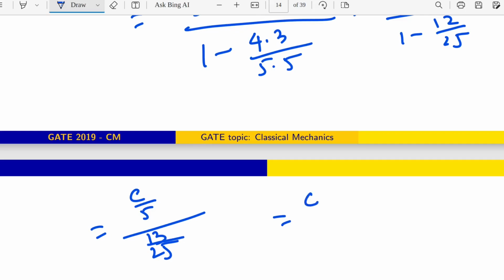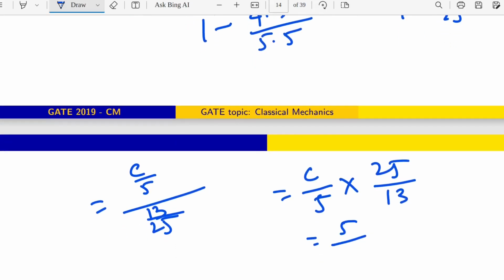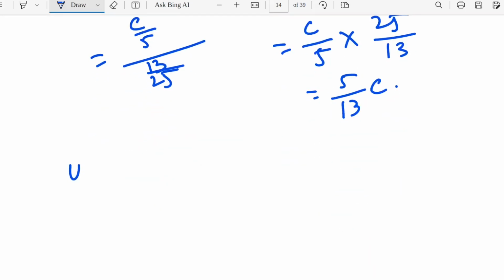So c by 5 into 25 by 13. The result is 5 by 13 into c. This is UAB, the relative velocity of A with respect to B, 5 by 13 c.